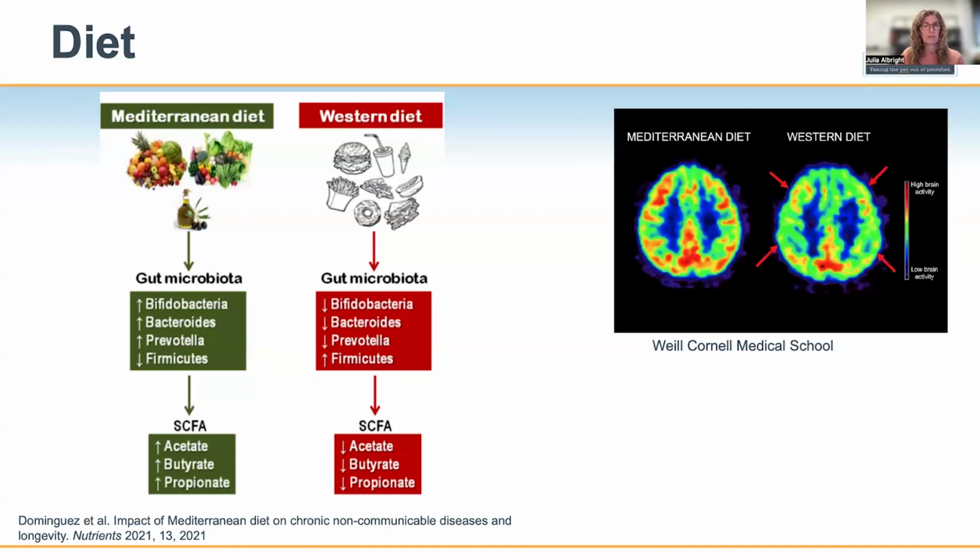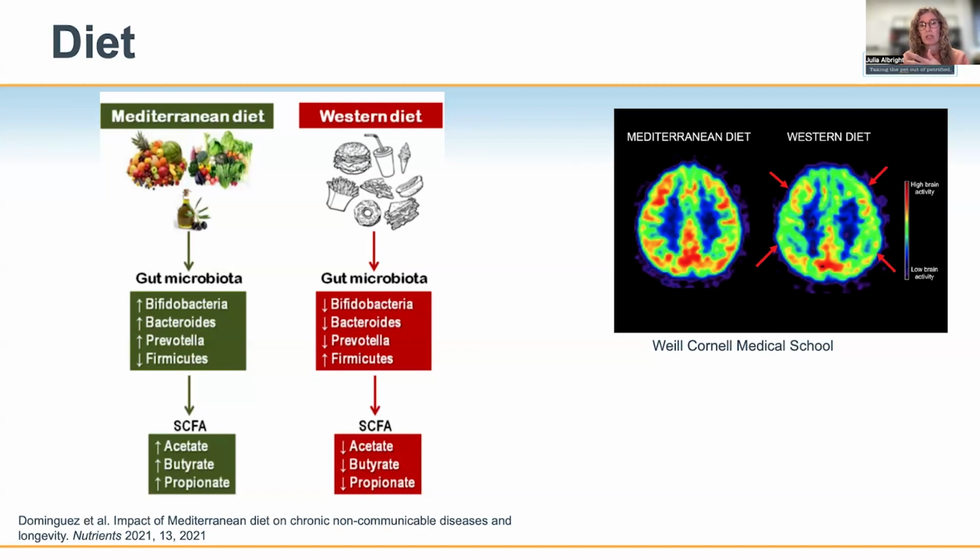And there are lots of studies looking at systemic health effects of these two. I thought I'd pull out just this one little one about brain health and Alzheimer's, and maybe why it's a risk factor for Alzheimer's. These are MRIs from older patients, some who have been on a Mediterranean diet and some on a Western diet, and you can see the reduced activity in the patients who had been eating one of those pro-inflammatory Western diets.